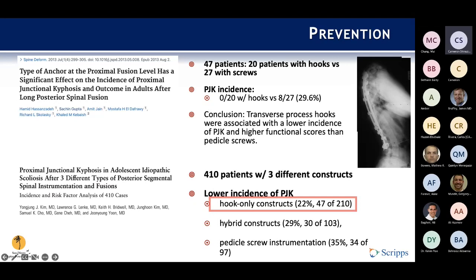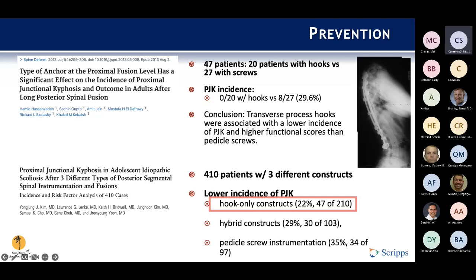And then Kim et al. in the second study reported a lower prevalence of PJK in cases where they used hooks rather than only pedicle screws. But these are different subsets of patients here, but you can see the pedicle screw instrumentation, the hybrid constructs, and then the hook-only constructs.